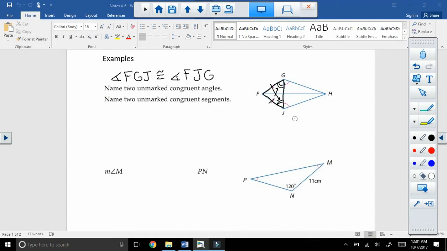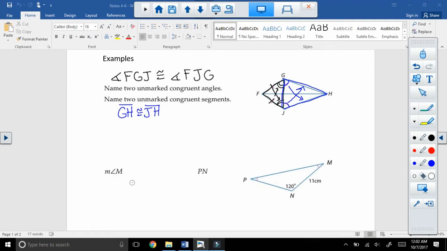For this next one, they want me to name two unmarked congruent segments. For this triangle over here, I have these base angles that are congruent. So that would allow me to say that the sides opposite from them are congruent also. So GH is congruent to JH, and that would be the converse of the base angles theorem.